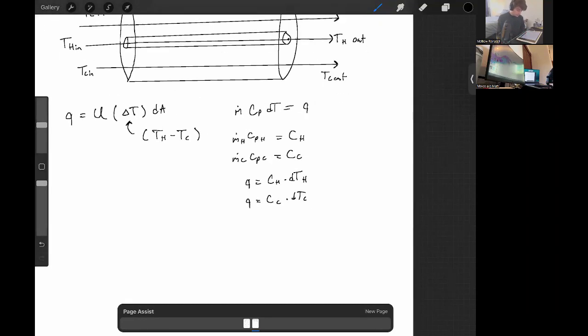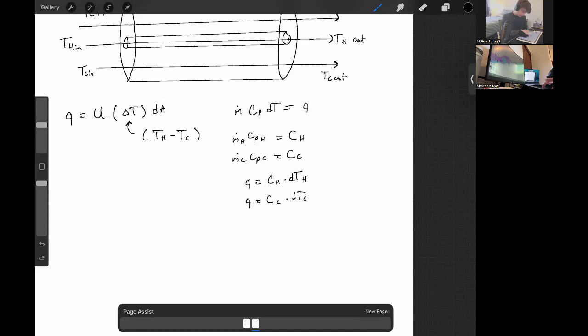This is good because we actually have a change of temperature expression, just in terms of delta T. If we take the derivative of this function, we can similarly take the derivative for dT_H and dT_C to find the overall cumulative change that we're looking for in our system.